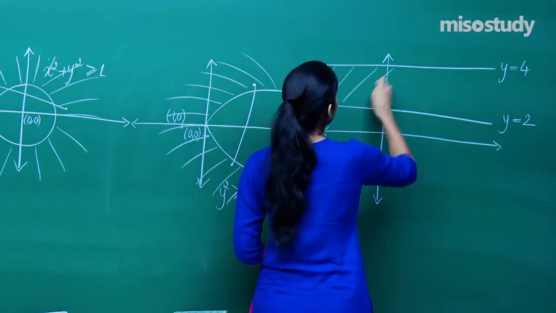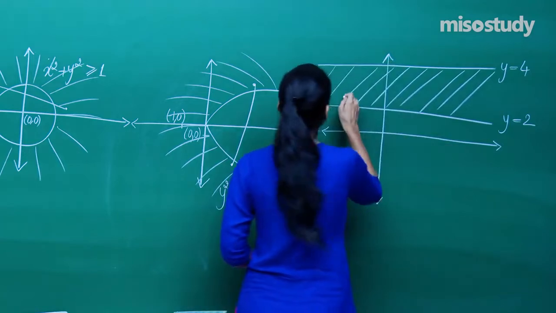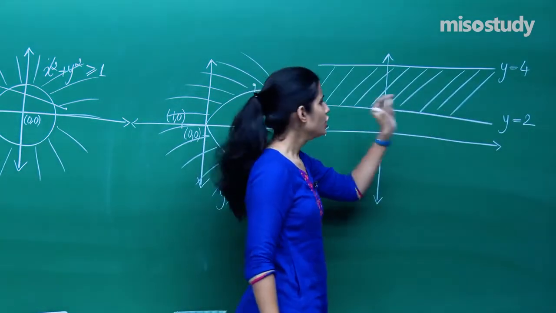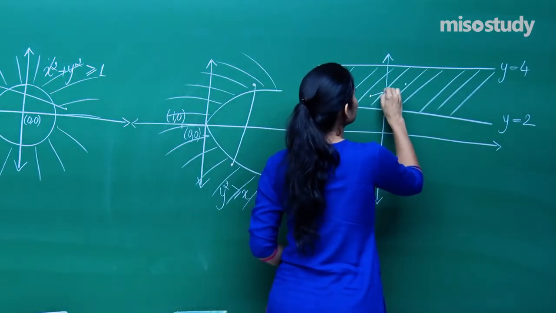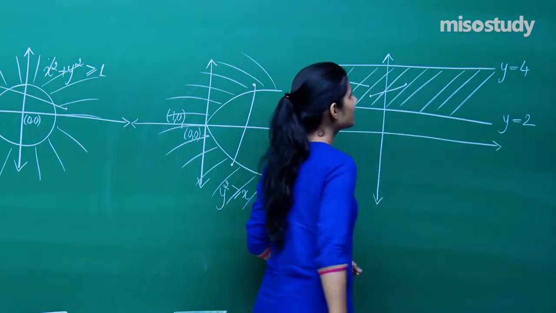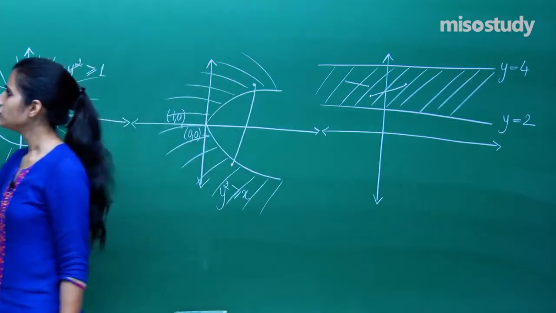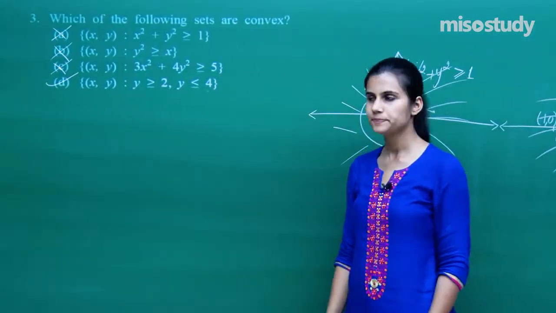Basically I am talking about this region, including these 2 lines and everything in between. So here if you take any 2 points in the shaded region, the line segment joining them is always going to lie in this shaded region, and therefore the region represented by D is yes a convex set.